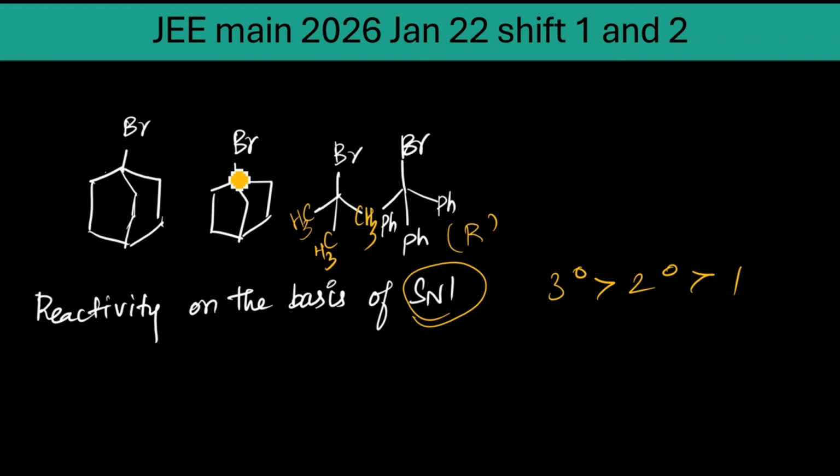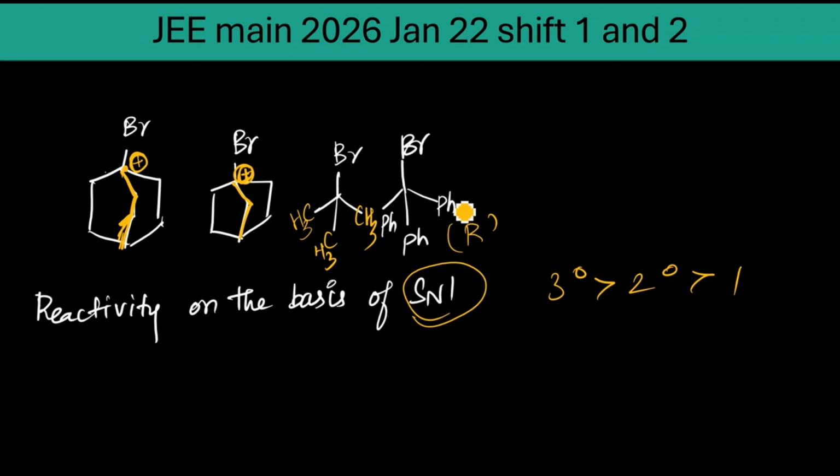Then here, after losing Br, the plus charge will be produced there. Here also the same thing, the plus charge will be produced at the bridgehead position. But here you see I have the bridge like this, so I have more space. But here I have only one CH2, which leads to less space there. So that makes the difference in SN1 reactivity.